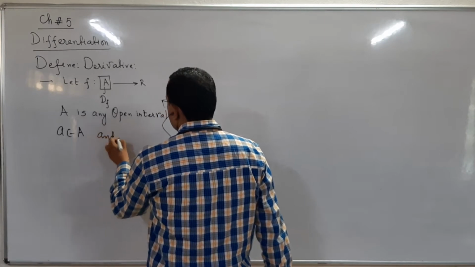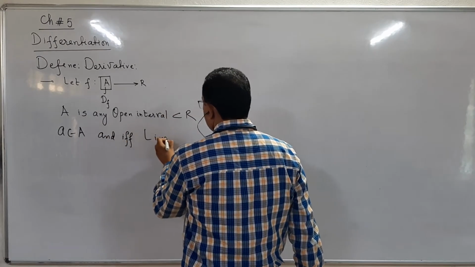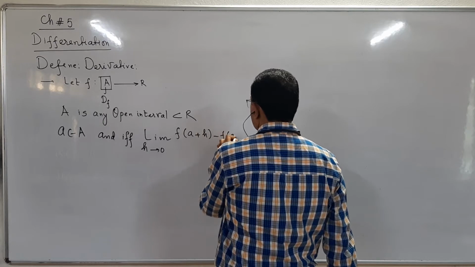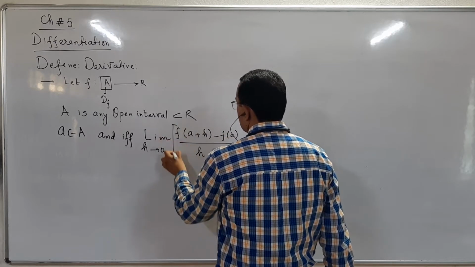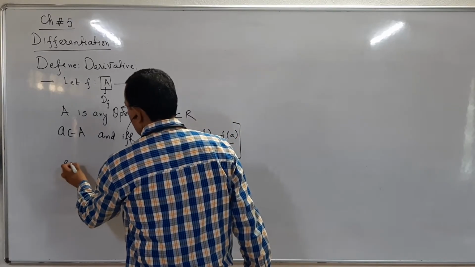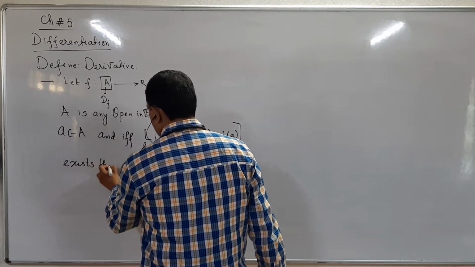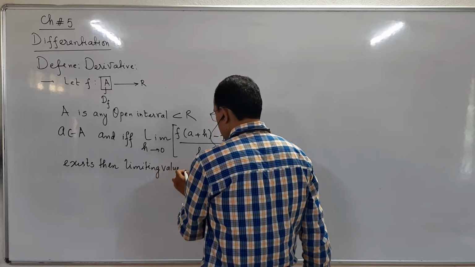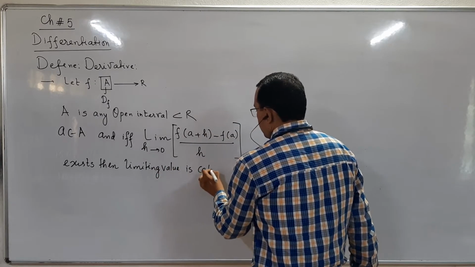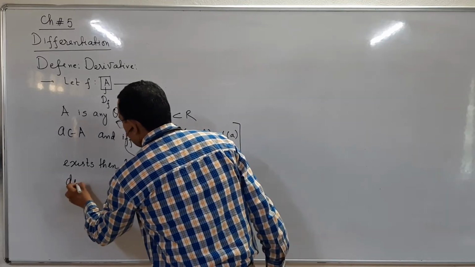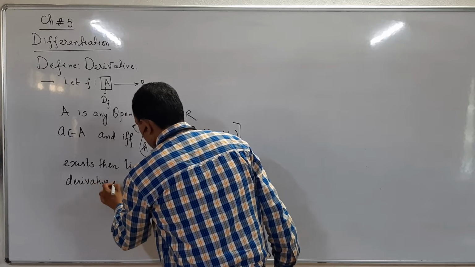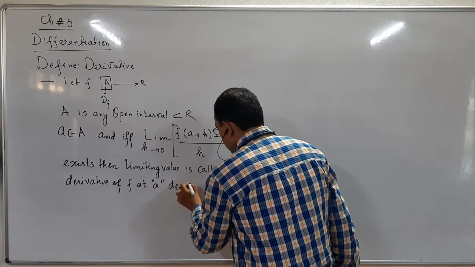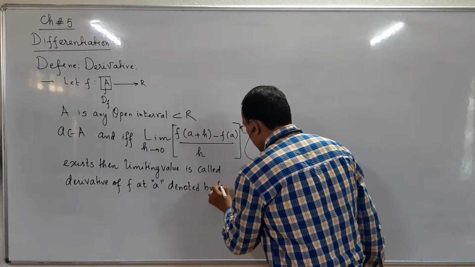And if limit h tends to 0, f of a plus h minus f of a upon h exists, then the limiting value is called the derivative of f at a, which is denoted by f dash of a.